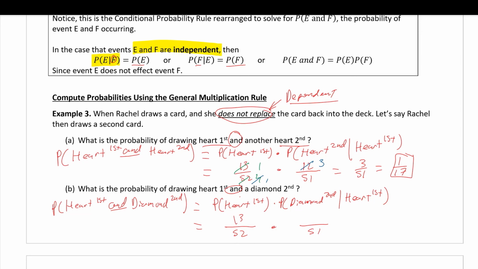We're given that the heart was already taken out. Diamonds were unaffected, so we still have 13 diamonds in the deck. Let's divide this. This is 1 over 4. The 13 doesn't divide with the 4 or the 51, so we can just multiply straight across, and we get 13 out of 204. All right, that's it for this section.